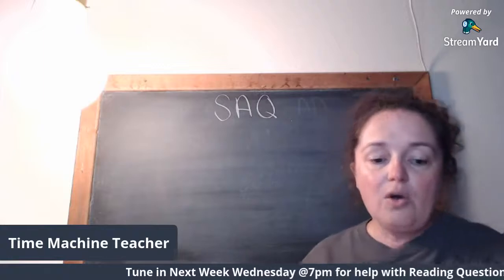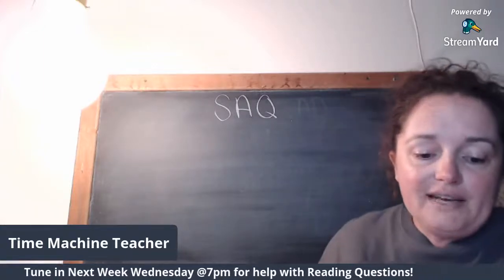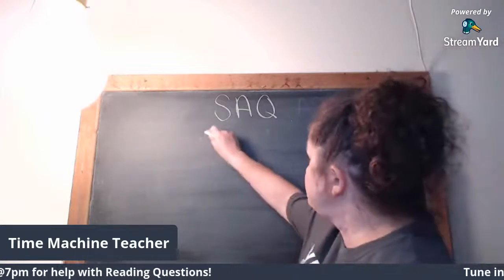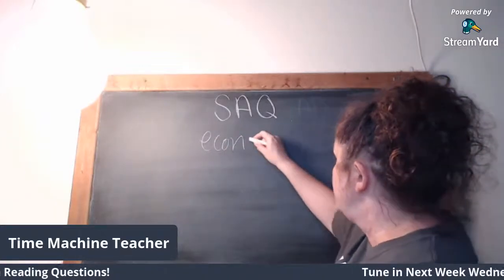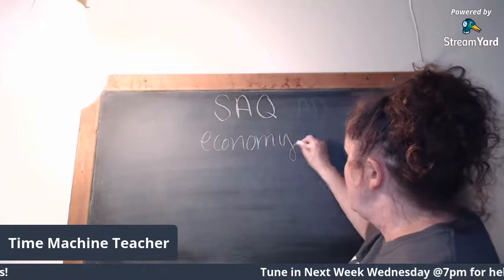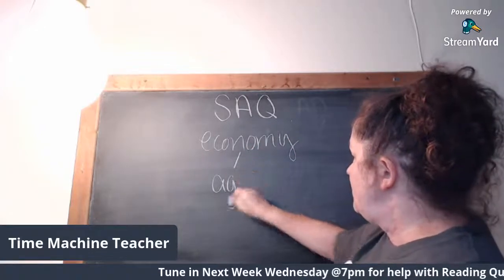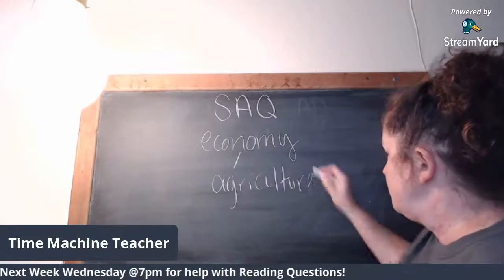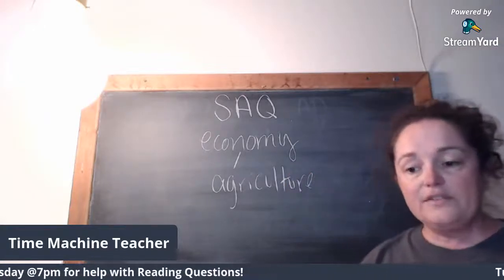Okay. So, for example, if you're going to talk about the economy as their similarity, and you're basing it on agriculture, that is very true.